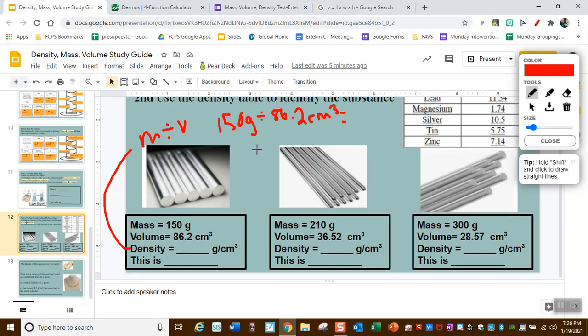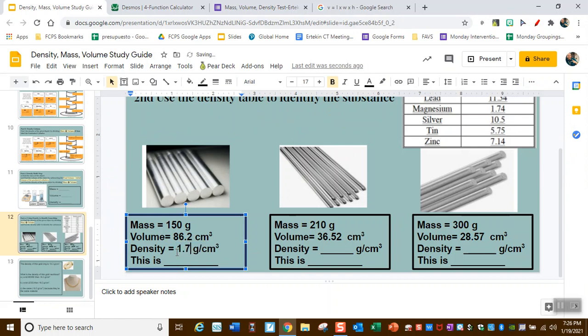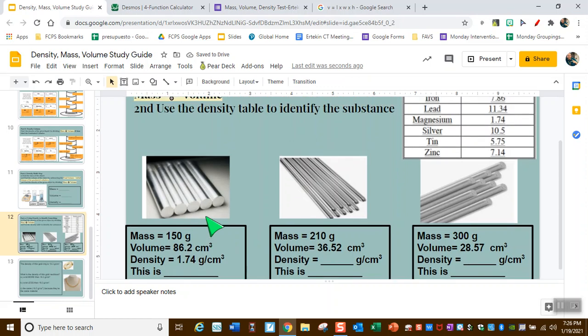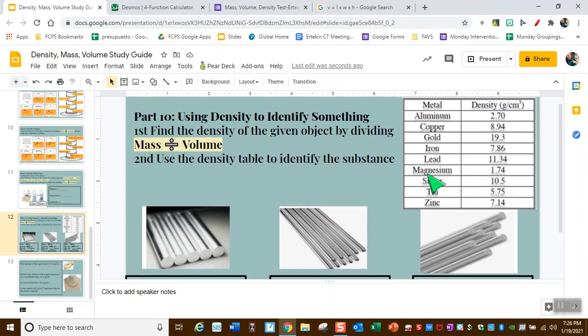And when we do that, 150 divided by 86.2, we get 1.74, grams per centimeter cubed. Let me write that here, 1.74. Now we're going to use this data table to identify what this rod is made out of.